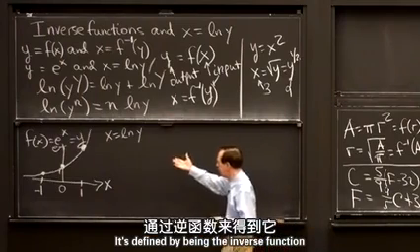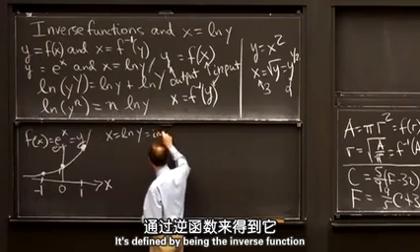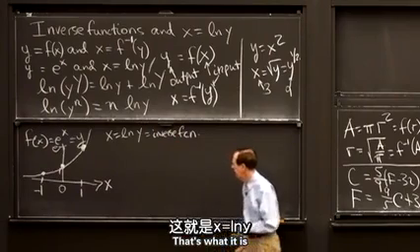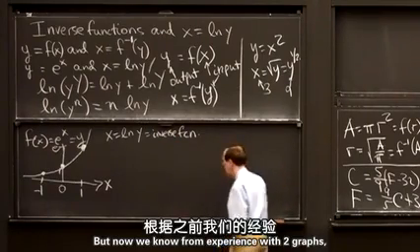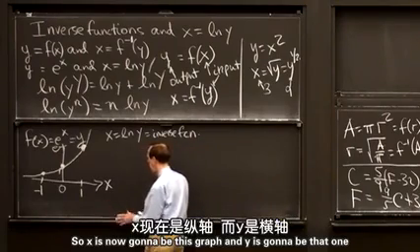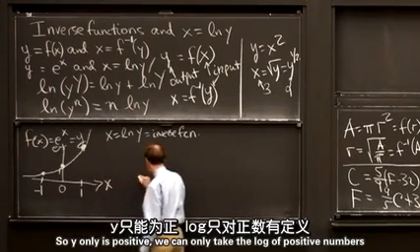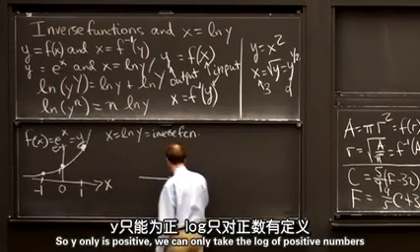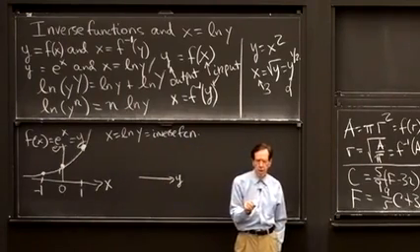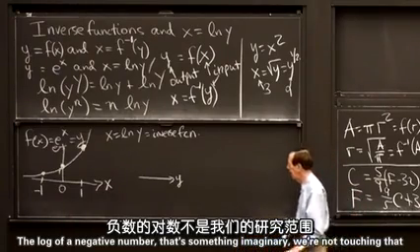It's defined by being the inverse function. That's what it is. But now we know from experience with two graphs what its graph is going to look like. Okay, so x is now going to be this graph, and y is going to be that one. So y only is positive. We can only take the log of positive numbers. You can't take the log of a negative number, that's something imaginary. We're not touching that.